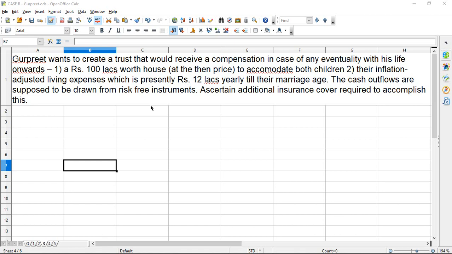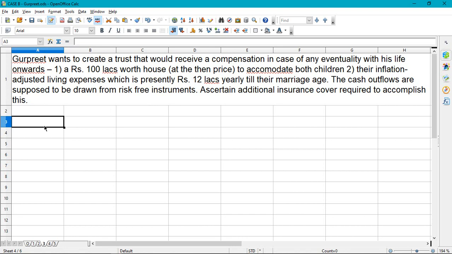The cash outflows are supposed to be drawn from the risk free instruments. Now, ascertain additional insurance cover required to accomplish this. Well, I'm now pretty much sure that you know what is the purpose of taking a life insurance cover. And there are certain ways of calculating the life insurance cover also.